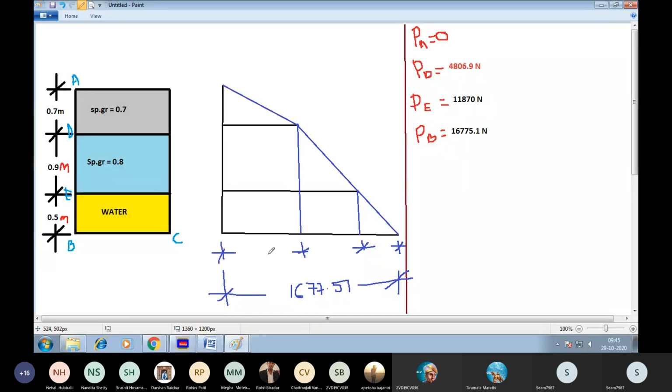What about this distance? It is 4806.9. And this distance is how much? 11,870 minus 4806.9. Ma'am, 7,063.2.